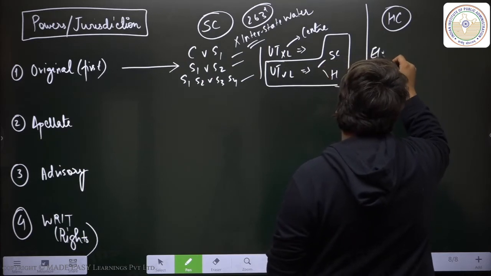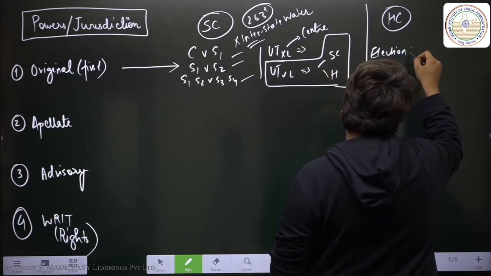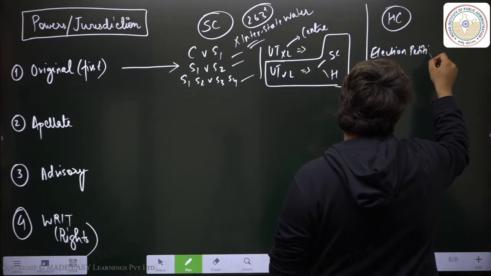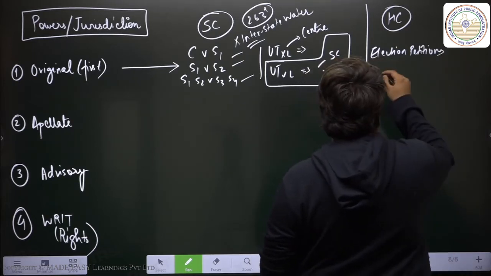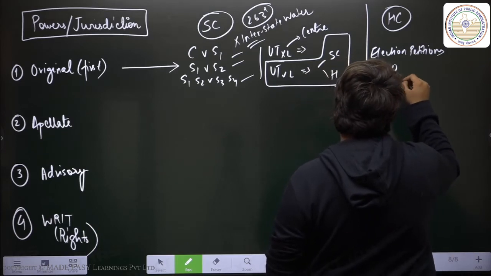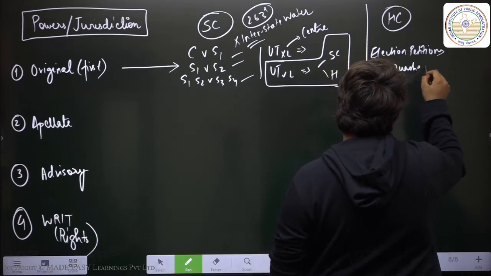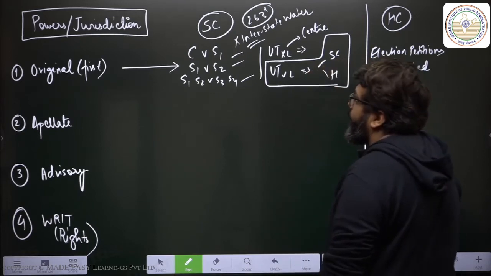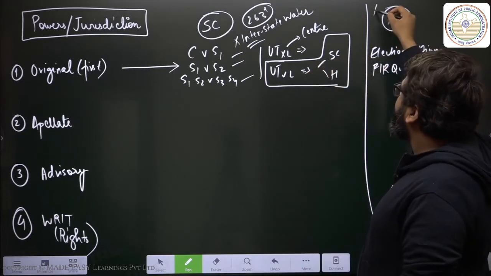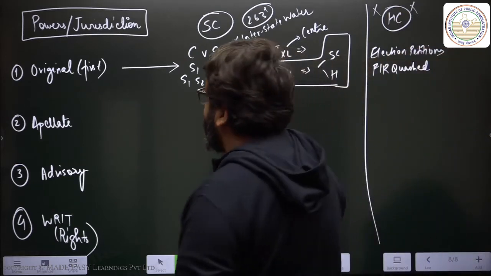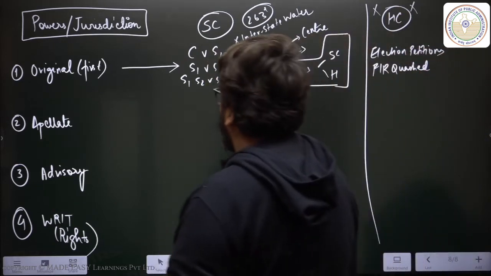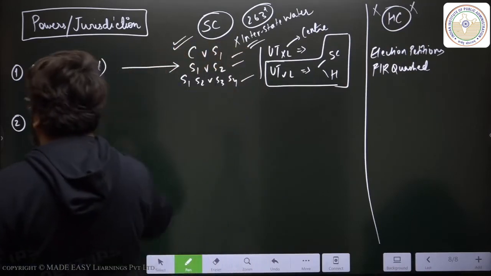So, election petitions, which are primarily election outcome cases. Some cases where an FIR has to be quashed, because the FIR does not have any merit, can go to the High Court. The pre will never ask you this, the mains will never ask you this, because this is too diverse, too varied, and can change from state to state. This is something you should know.